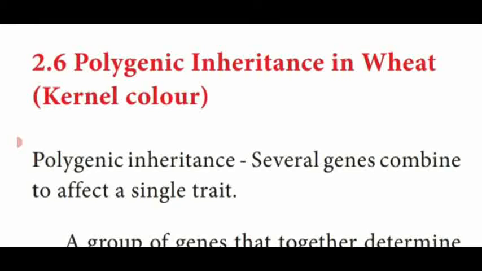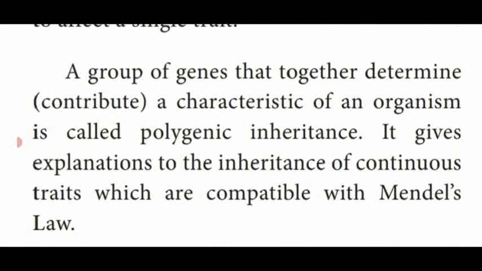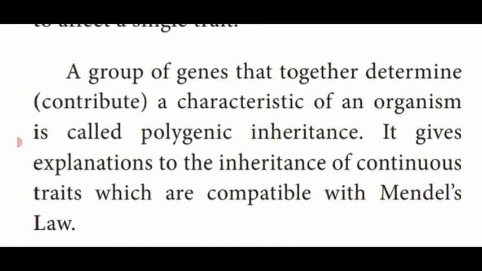This is an important 2-mark question. The definition is given in the first 3 lines of the paragraph. A group of genes, that is several or many genes, together determine the characteristic feature or trait of an organism is called polygenic inheritance.